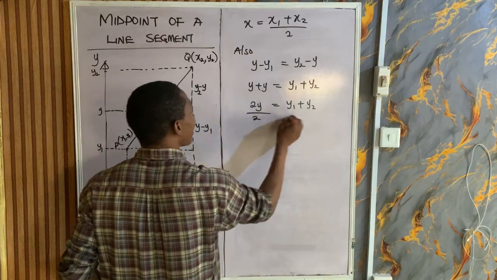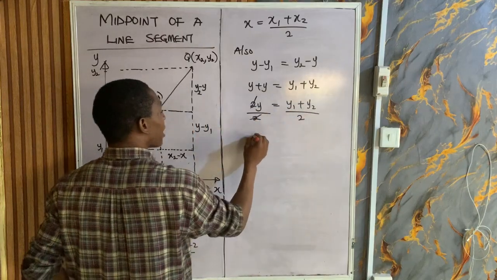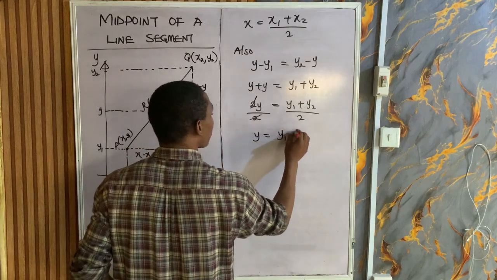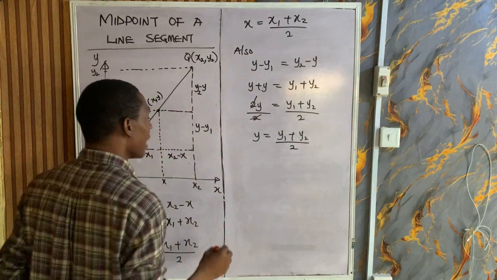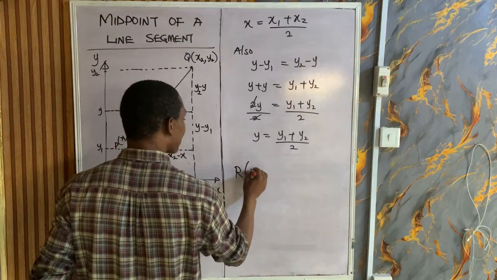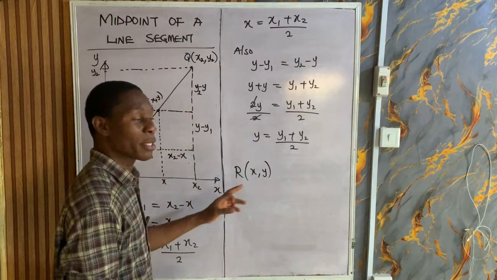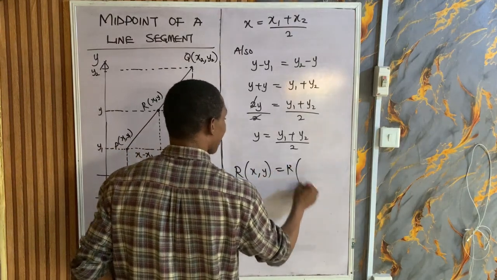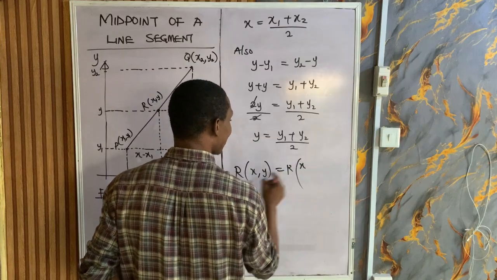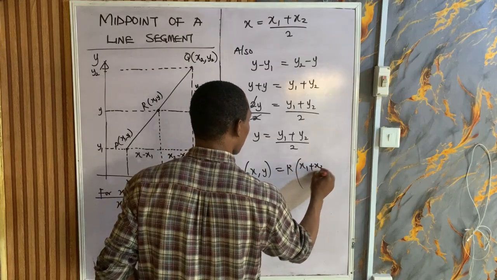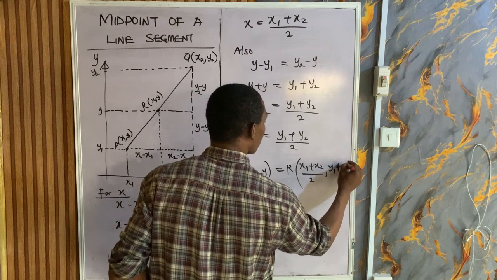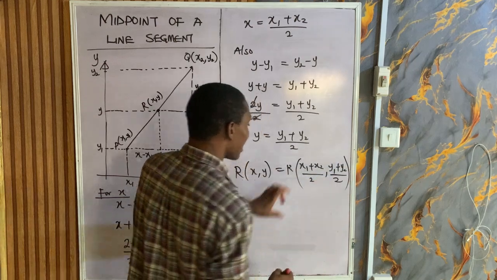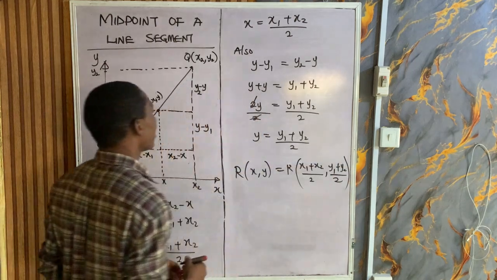Dividing both sides by 2 will give us y being equal to y1 plus y2 over 2. So you see, the coordinate of our R, which is x comma y, which is what we are looking for, is now obtained as x1 plus x2 over 2, comma y1 plus y2 over 2 also. So this is how we get the midpoint of a line segment.